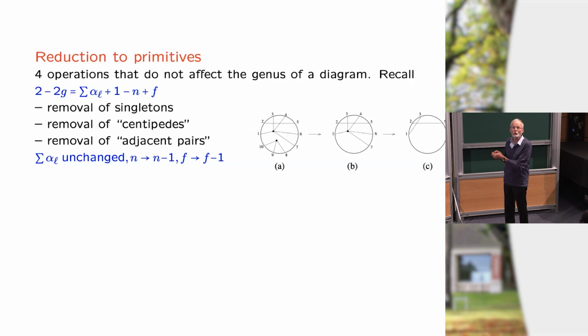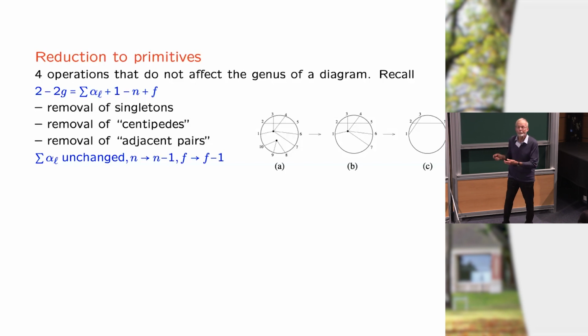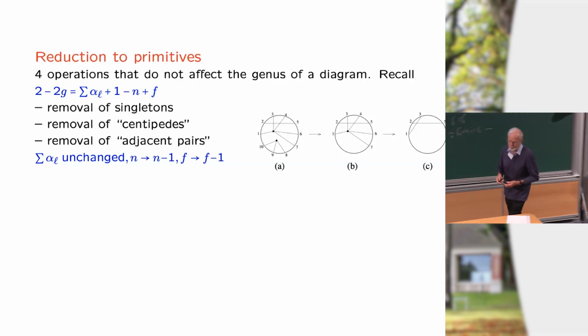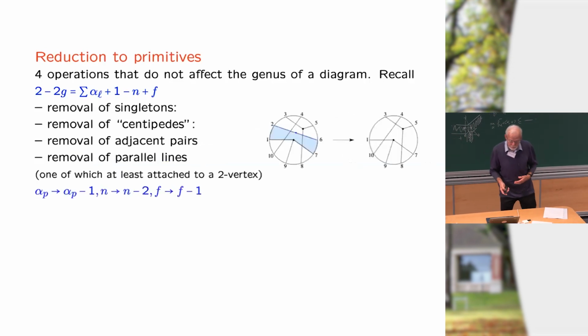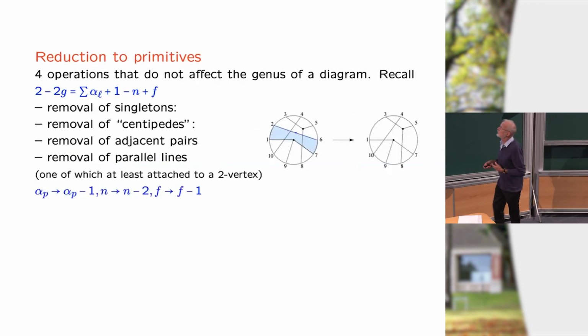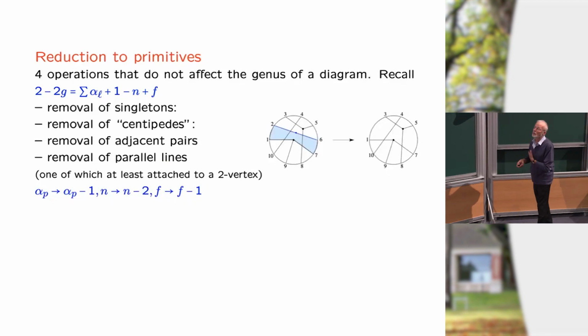So I decide to remove always the edges going to the largest index. Here I'll be removing the edge going to 4, and likewise I'll be removing the edge going to 7 in that adjacent pair. Just convention.